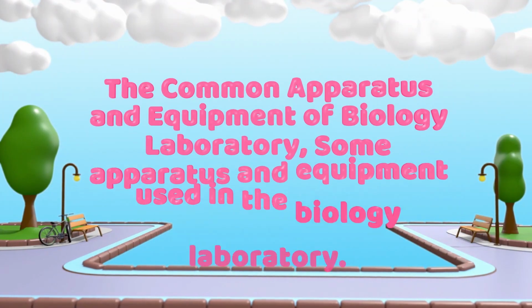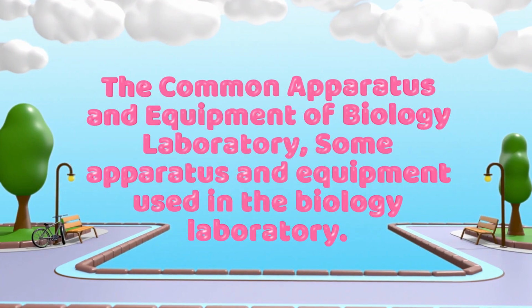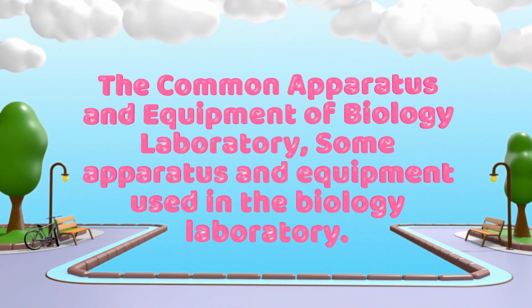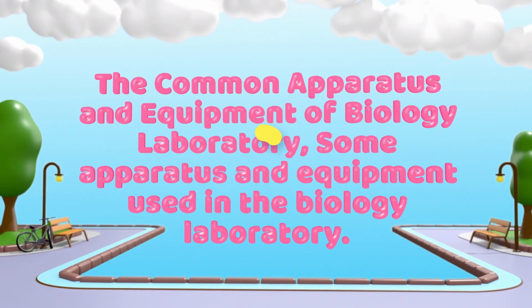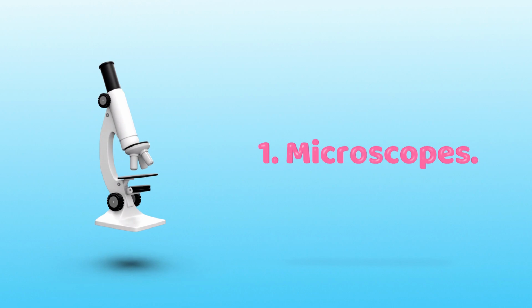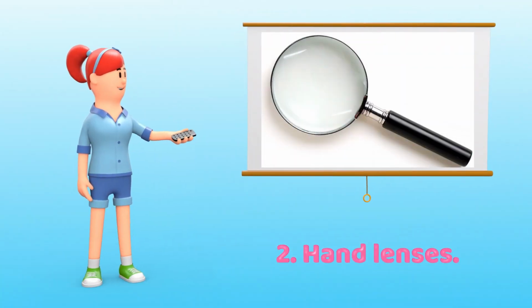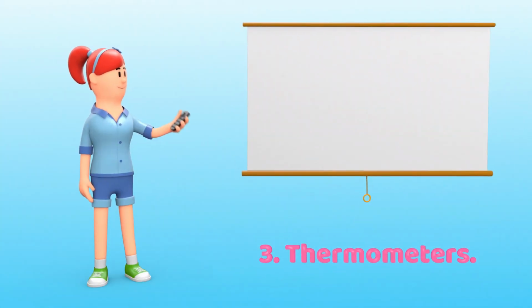Now, the following are the common apparatus and equipment of the biology laboratory. Some apparatus and equipment used in the biology laboratory. Also in the laboratory, we have microscopes. Again, we have hand lens. Also, we have thermometers.